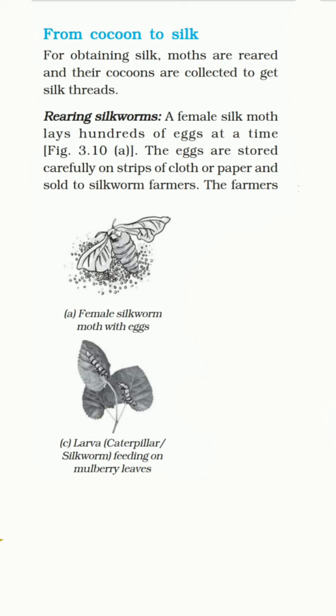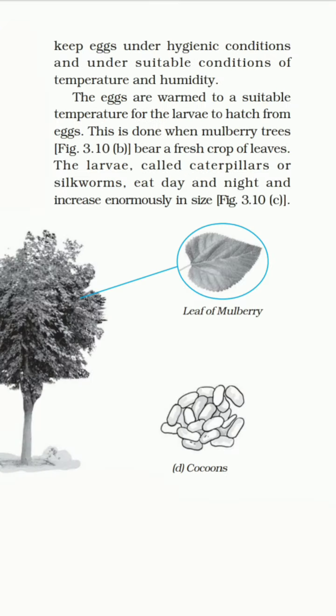A female silk moth lays hundreds of eggs at a time. The eggs are stored carefully on strips of cloth or paper and sold to silkworm farmers. The farmers keep eggs under hygienic conditions and under suitable conditions of temperature and humidity. Hygienic means, class, clean and neat conditions.